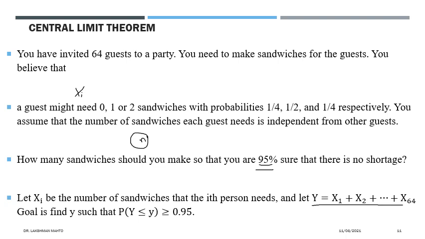That means we have to find the probability that the random variable Y is less than or equal to y, which should be greater than or equal to 95%. Here y is unknown to us. We don't know y. We have to calculate it.